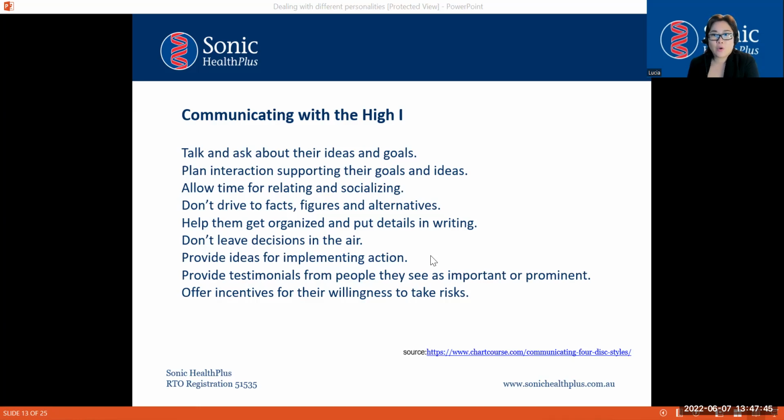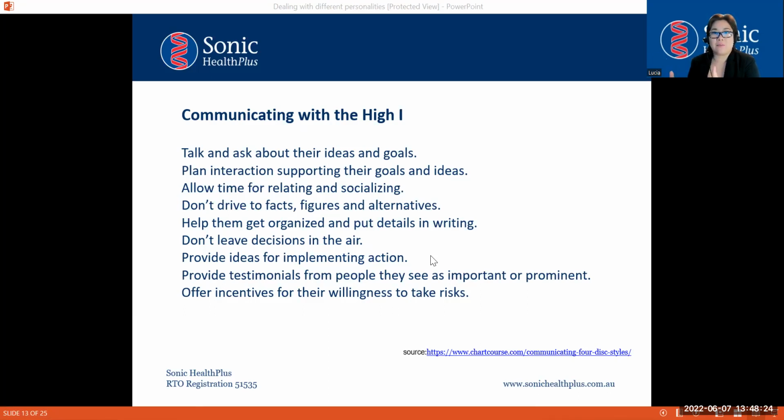So keep connected, even though you're not ready, and provide ideas as well, because they would love to collaborate with people. And if they can't make up their minds, if you really want to get their attention, talk about what other people think or decide or say about one thing, for as long as it is ethical and you're following privacy and confidentiality, but just safe things that you can say about consensus, and offer incentives for their willingness to take risks.